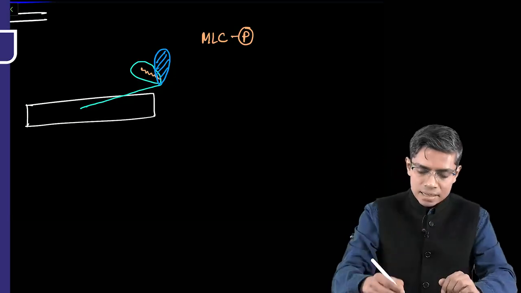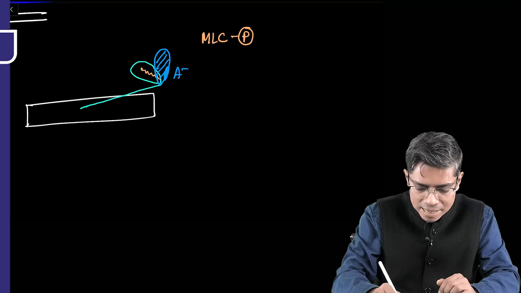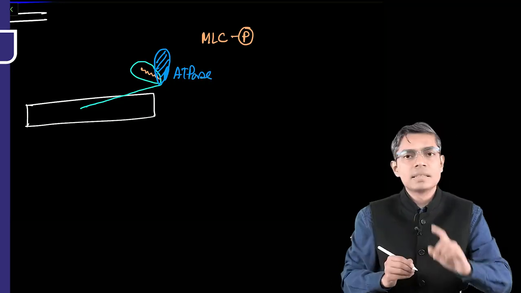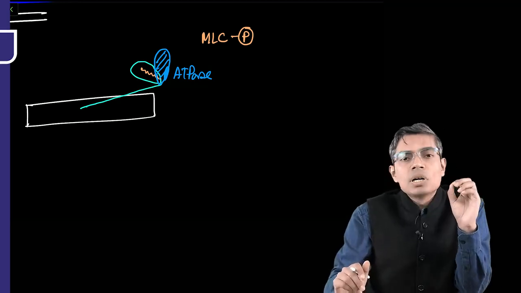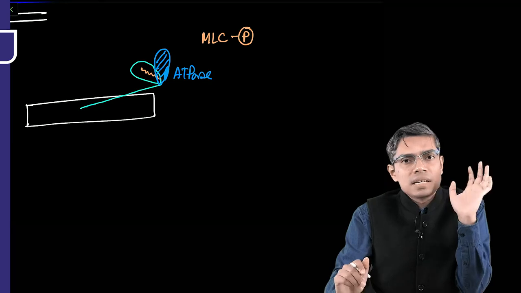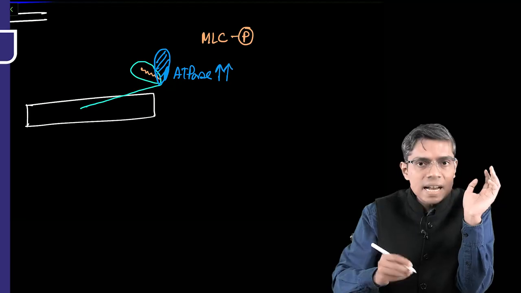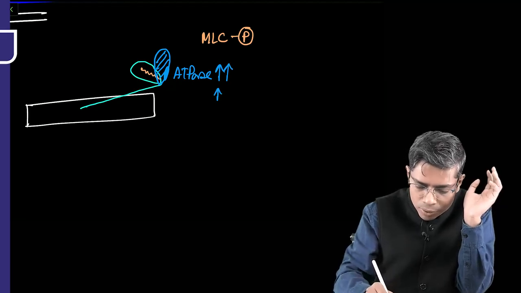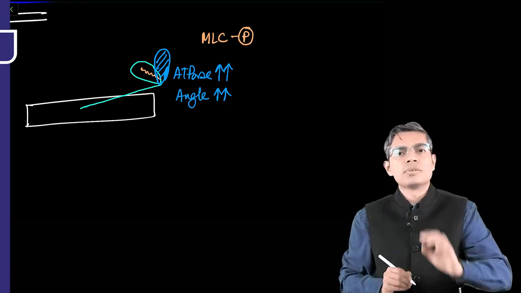Second thing, at the level of the myosin head, there is an enzyme, that is myosin ATPase enzyme. This enzyme activity is very, very low in smooth muscle under resting condition. So I have to increase the myosin ATPase activity, and I also have to increase the head neck angle of myosin.